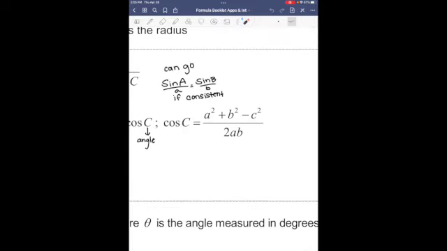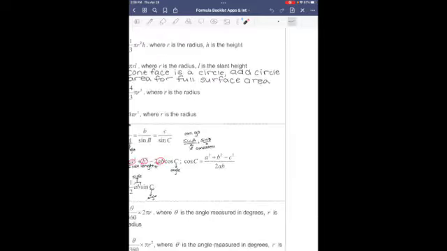Isn't that great? If you need to transfer the cosine over, use arc cosine, also known as cosine to the -1. That's how it's going to look on your calculator. It is going to be the second cosine on your calculator, the blue above the cosine.